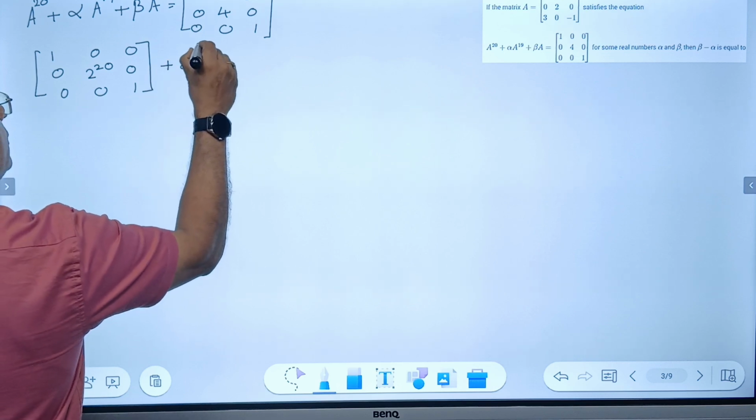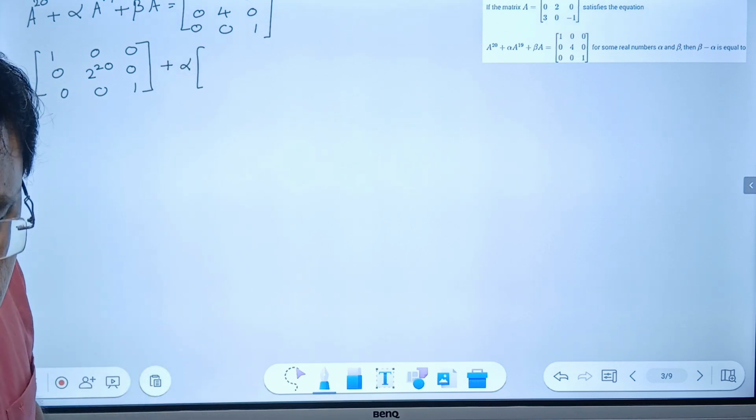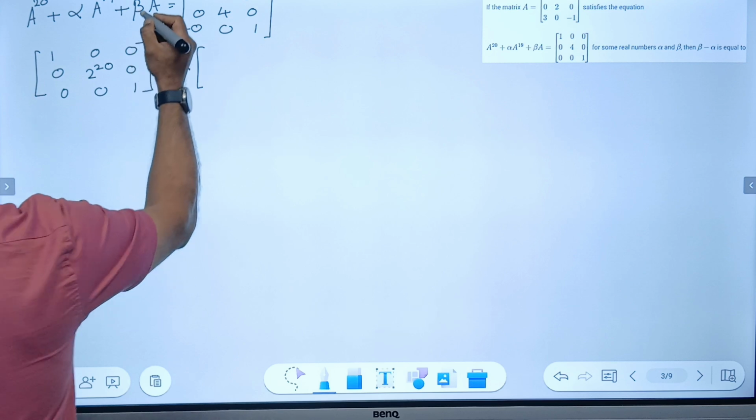Plus alpha into, what is A power 19? I'll multiply the alpha inside.